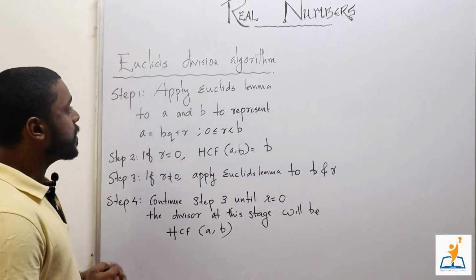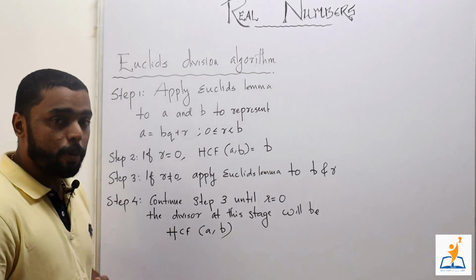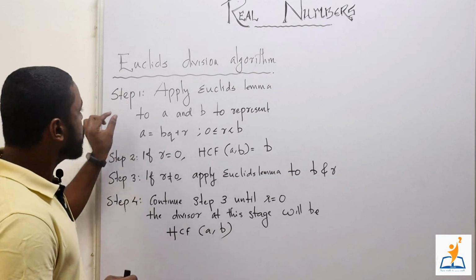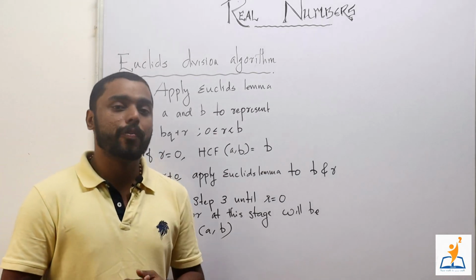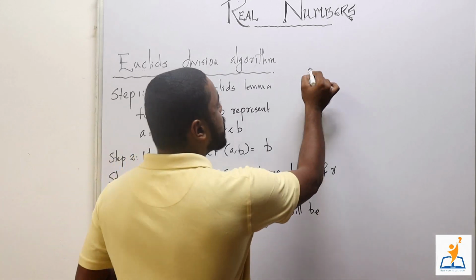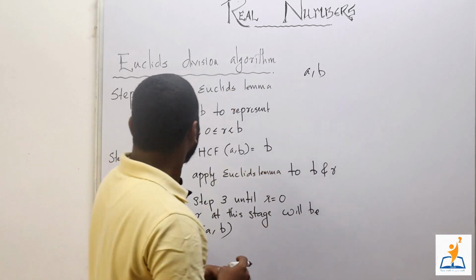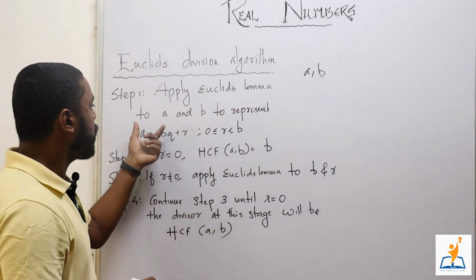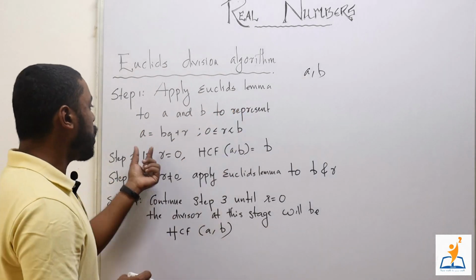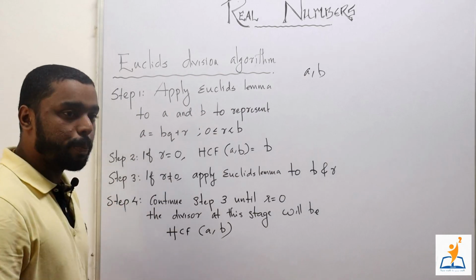By using these steps, we can find the highest common factor of any two integers. Step 1 states that if we are asked to find the highest common factor of two integers, say a and b, then apply Euclid's lemma to a and b to represent a is equal to bq plus r.